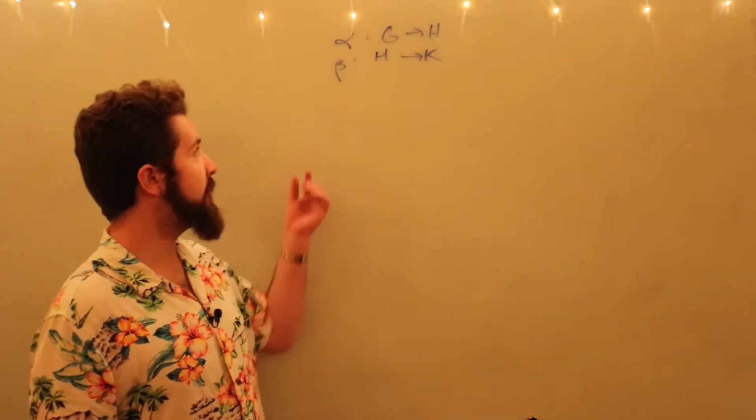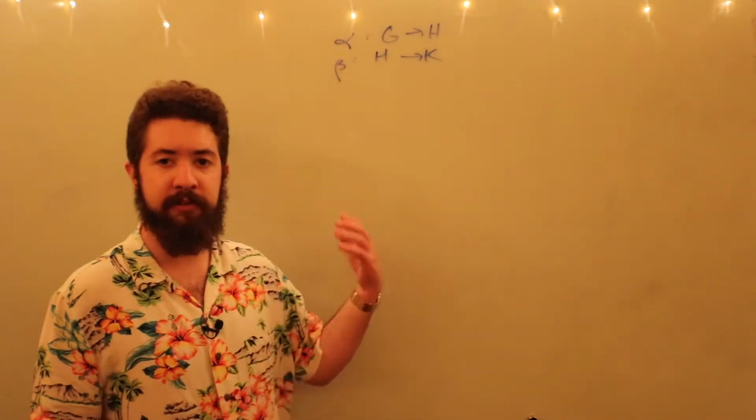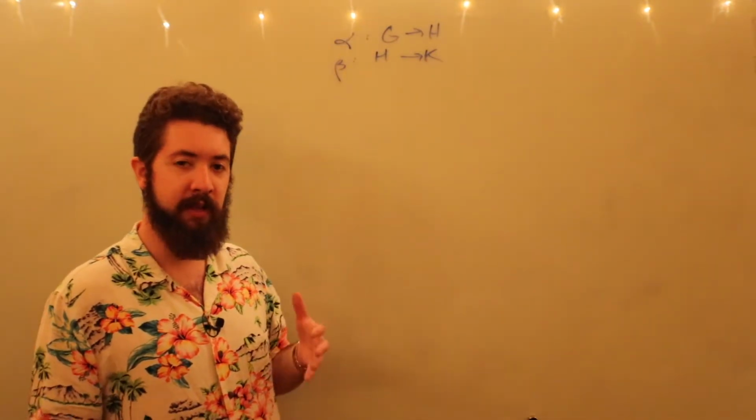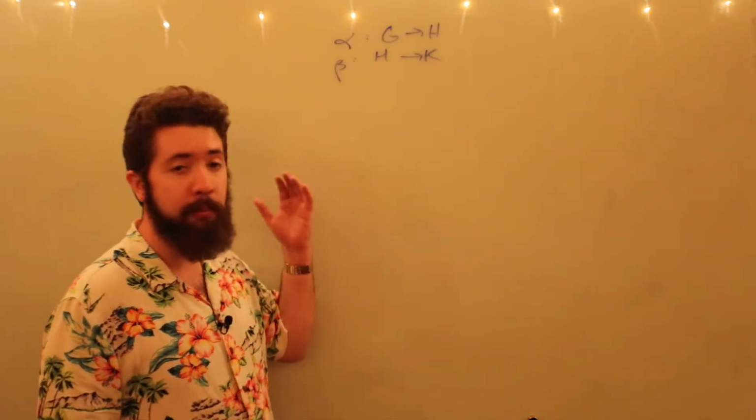Alright, first we want to make sure that there exists such a mapping from G to K. It hasn't come up yet that our homomorphisms fail to even be a mapping to begin with, but in this case it might. So I want to draw attention to the fact that because alpha and beta are assumed to be group homomorphisms, they are more primitively mappings.